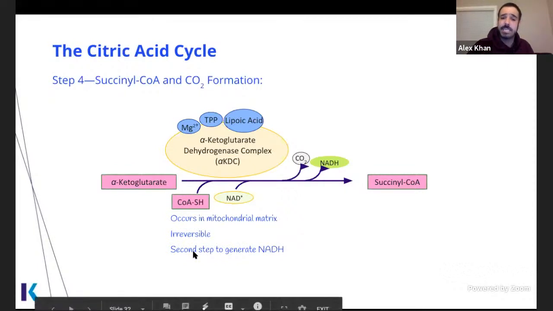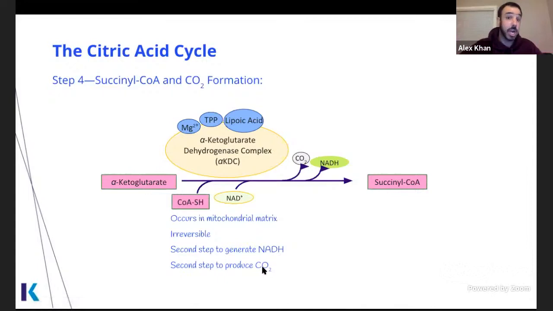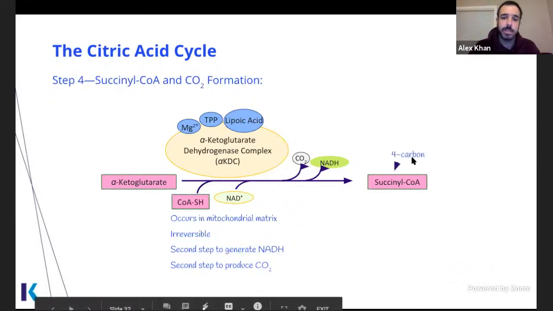And it's the second step in the Krebs cycle to generate NADH, as well as the second step to generate carbon dioxide. That means from our starting citrate of 6 carbons, we're now down to 4. We now have a 4-carbon molecule.